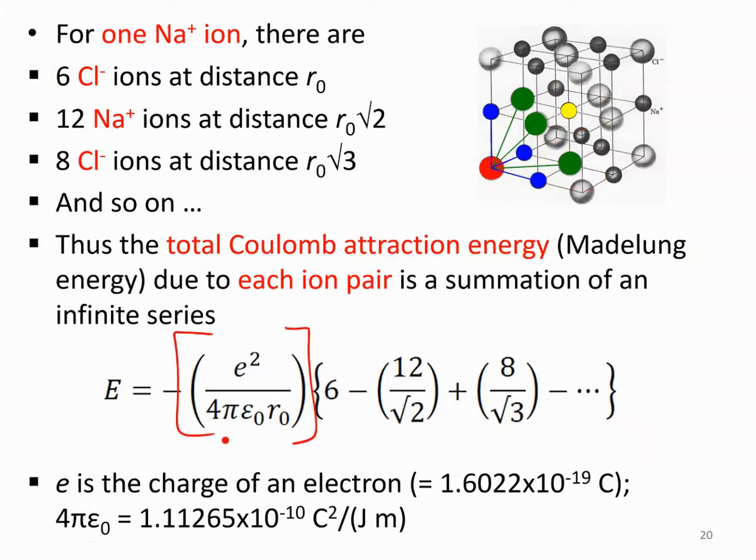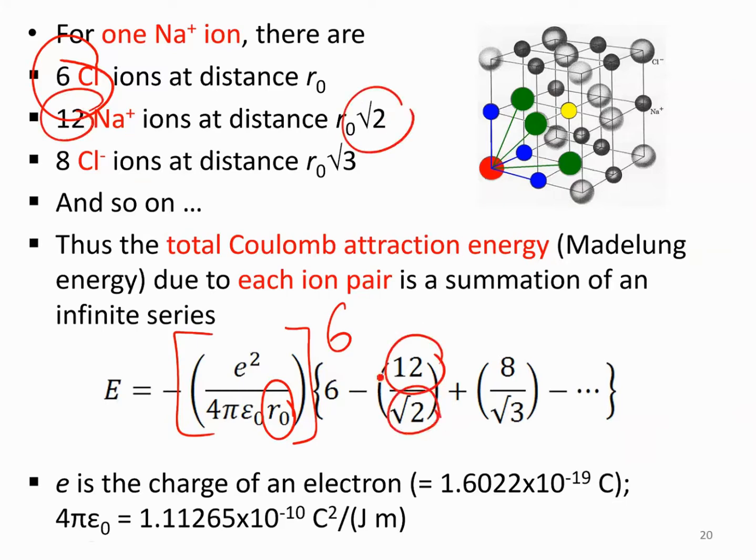So for the first term, there will be 6 ions at R0. The second term will be 12 Na at square root of 2 R0.